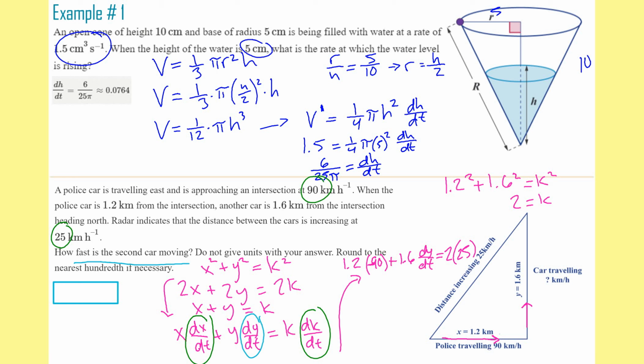Now when you solve that, you should get this. When you solve for dy over dt, you should get approximately 98.75.